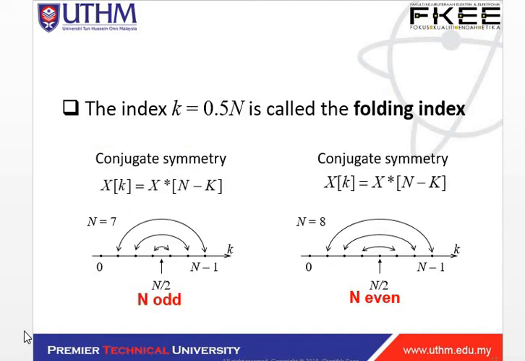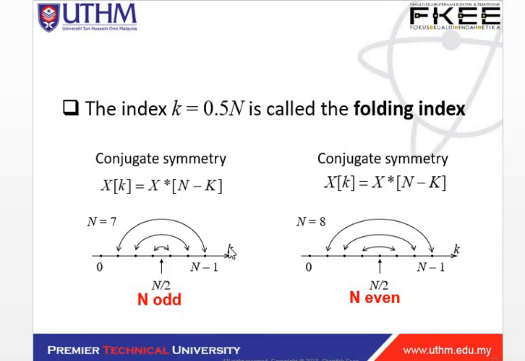This graph will clearly tell you the symmetry properties, and we call k equal to 0.5 N the folding index. If N is an odd number, say N equal to 7, let's say this is 0, 1, 2, 3, 4, 5, 6.